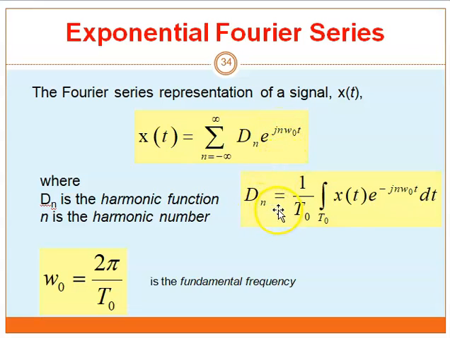Dn is equal to 1 over T0, the integration of x(t), the signal, times e^(-jnω0t) dt. Also, ω0 is equal to 2π over T0, the fundamental frequency, where T0 is the fundamental period.